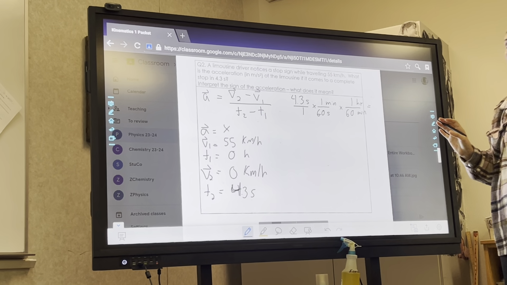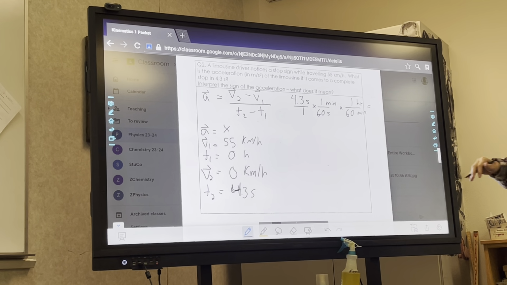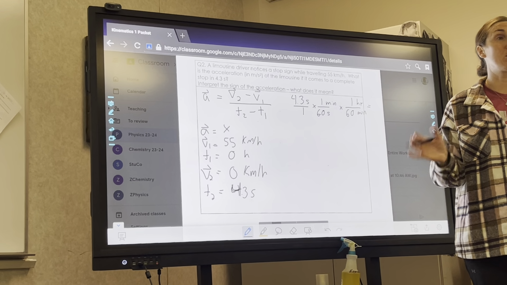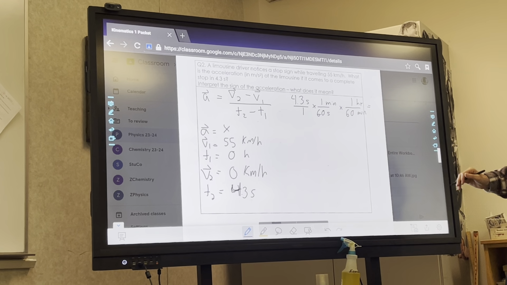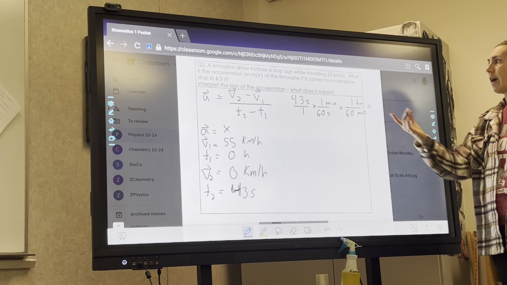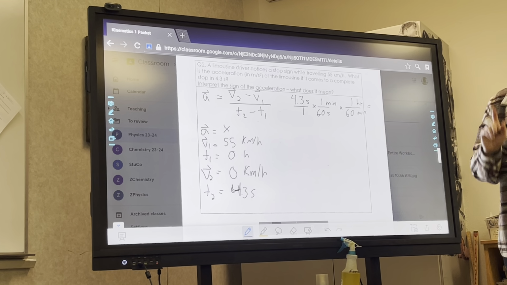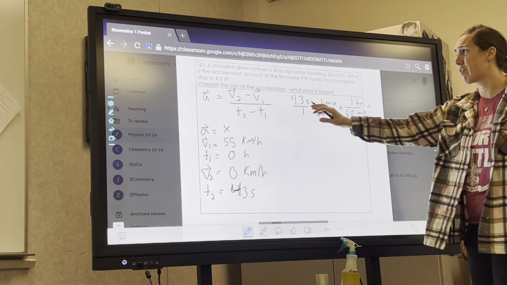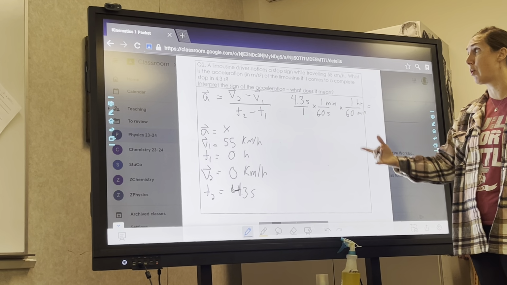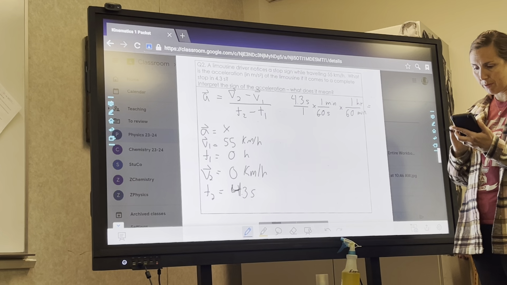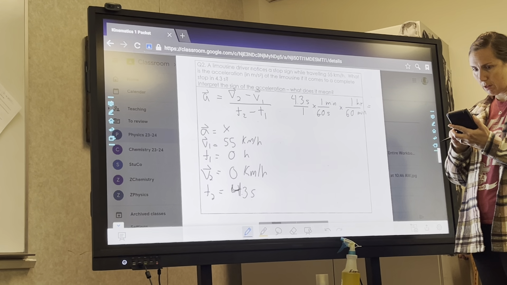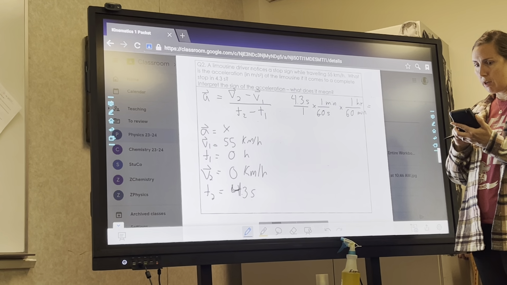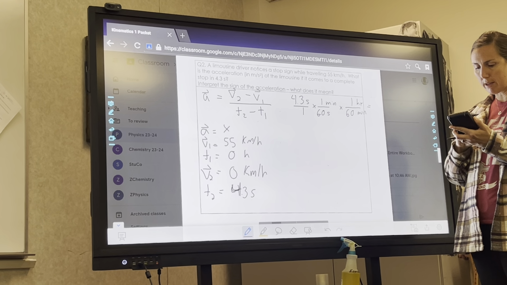I know some of y'all look at this and you're like, oh my God, this is a lot of math and we're trying to do science. This is why I don't want to do too many conversions, but if you had to do it, here's our conversion. We knew our number is going to be very low because we're going from only 4.3 seconds into an hour. So 4.3 divided by 60 divided by 60.